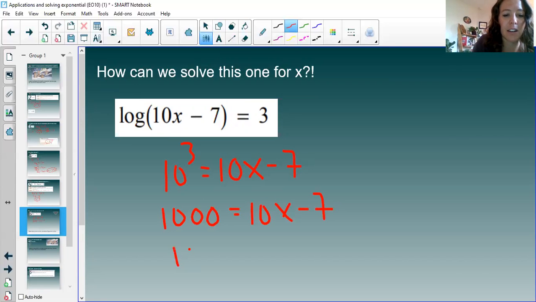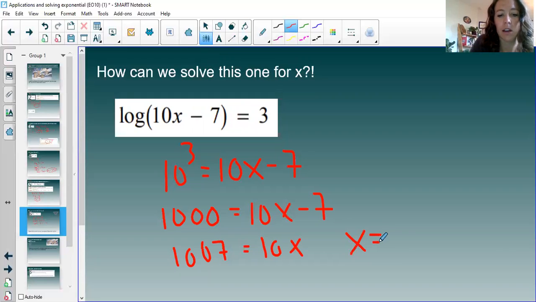We're going to add 7 and divide by 10, and it's 100.7. Those are zeros. So if we're given an exponential, we can always turn it into a logarithmic to solve. And if we're given a logarithmic, we can always turn it into an exponential to solve if that helps us.